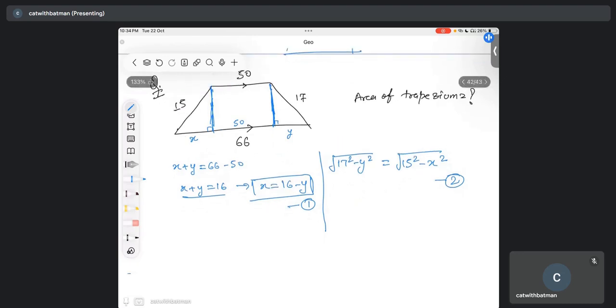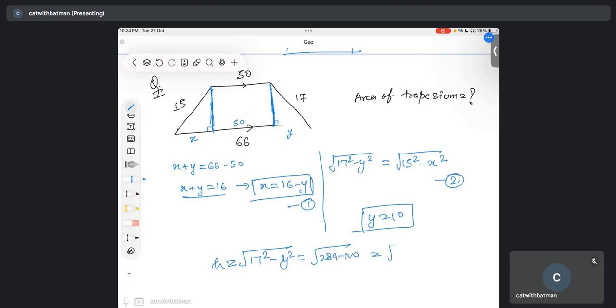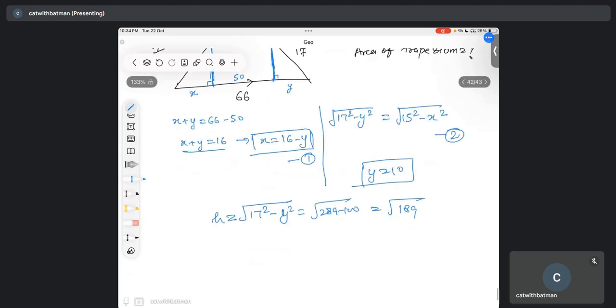So let's say I think y is 10 that you're getting. I have the results with me. Y is 10. So if you need to find the height of this, the height will be root of 17 square minus y square, that is 289 minus 100, so root 189.